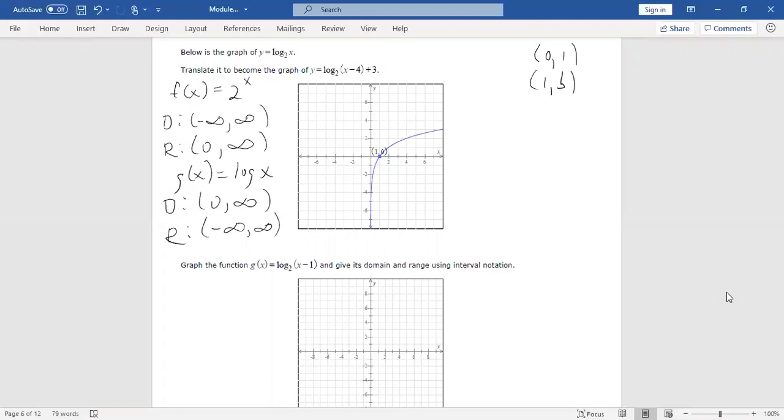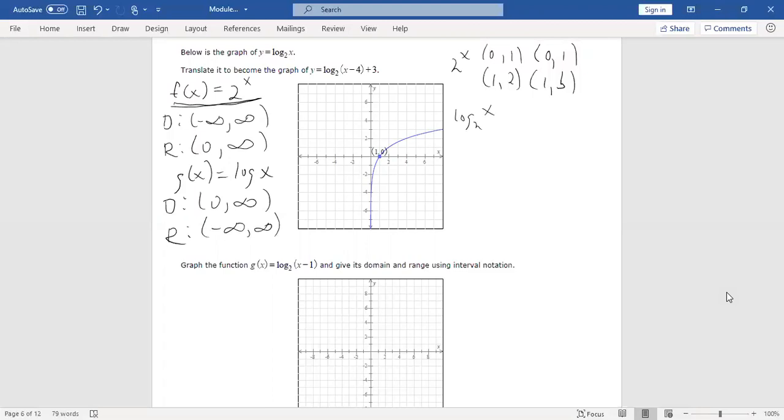So when we talk about base 2, it would pass through the point 0, 1, and 1, 2, since the base is 2. So that's just using this as an example. Okay, so again, when we look at the log having base 2, remember they're inverses.